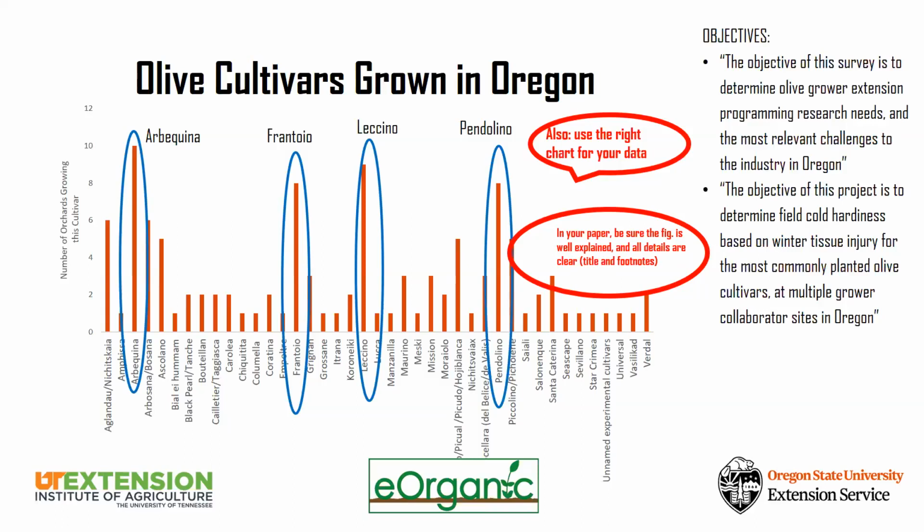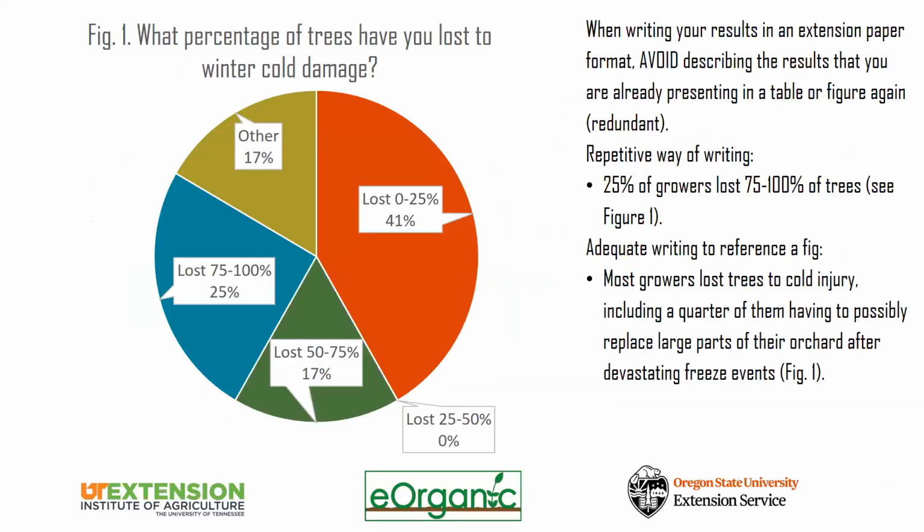One good example here is where you see that a lot of cultivars have a slash in between them. Multiple growers were telling us that a certain cultivar would have a name, and then they thought that they had a different cultivar, and we ended up finding out that they were just synonyms depending on the country where they are grown. So explain that in your footnote, and that will be very clear to your audience.